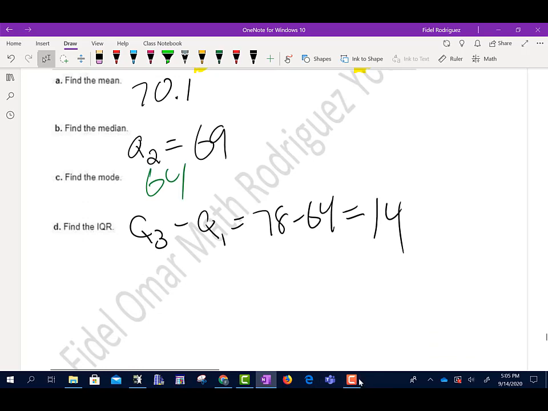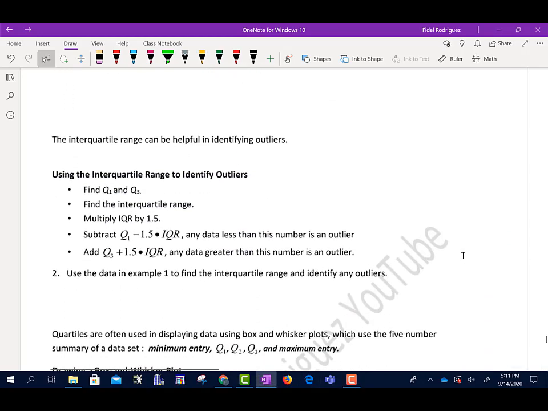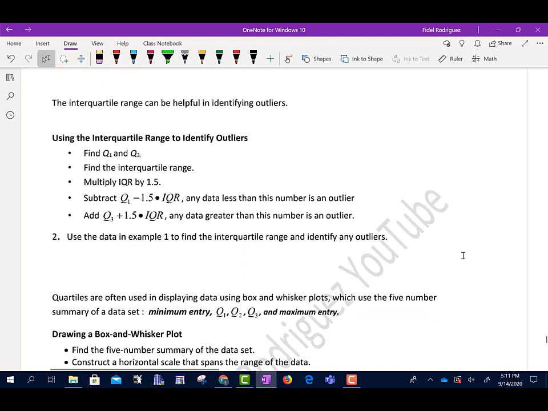Let me pause this real quick. All right, so let's see. The next part says the interquartile range can be helpful in finding outliers. Using the interquartile range to identify outliers, we're going to find Q1 and Q3, find the interquartile range, and multiply the IQR by 1.5.